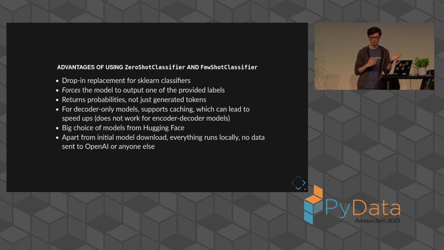We have also implemented some caching for decoder-only architectures to make it a bit faster. And of course, since it's using Hugging Face transformers, you have access to all of those models. So you have a wide choice for your use case. And that's especially important if you have maybe some data that's sensitive or so, and you don't want to send it out to OpenAI API or anything like that. It will all work locally.